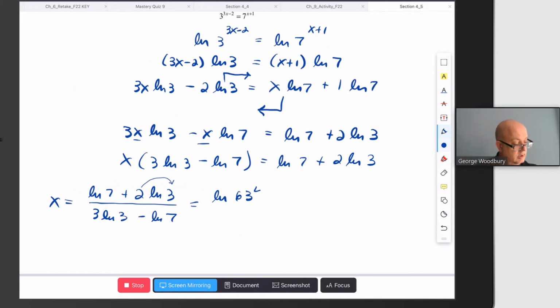7 times 3 squared. In the denominator, 3 times the natural log of 3 is the same as the natural log of 3 cubed, or the natural log of 27. And because we're subtracting those, I could rewrite this as the natural logarithm of 27 sevenths.